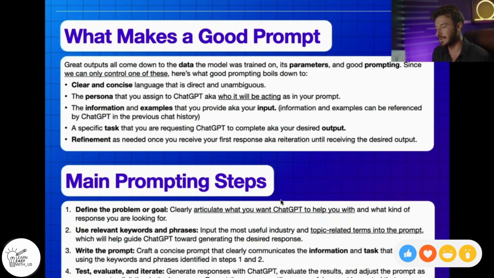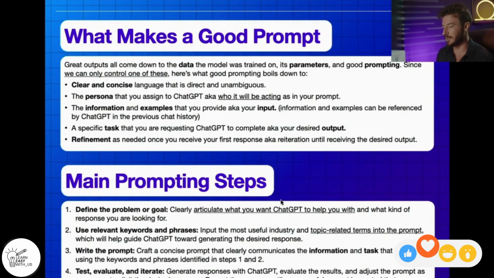Clear and concise language that's direct and unambiguous, and the persona that you want to assign ChatGPT to act as. For example, you can ask it to act as a marketing expert, a biologist, a mathematician, or a psychologist. Then it's about the information and examples that you provide. The interesting part is that ChatGPT is going to remember and be able to reference any of the information and examples in the previous chat history.